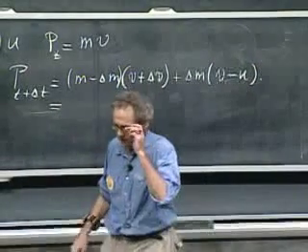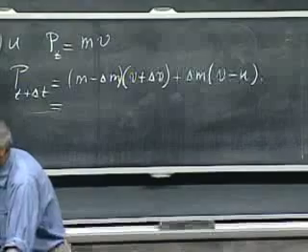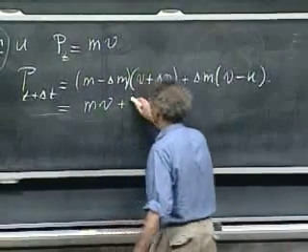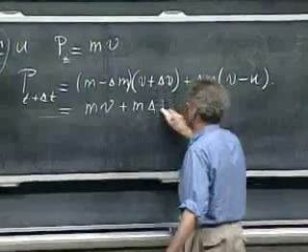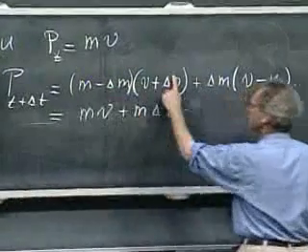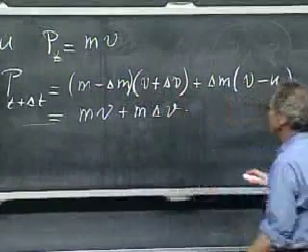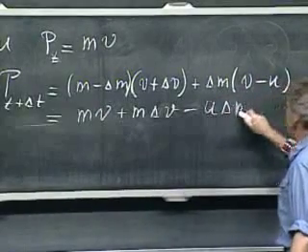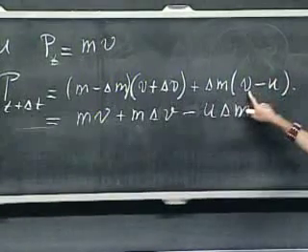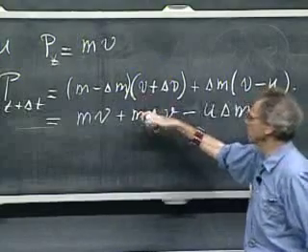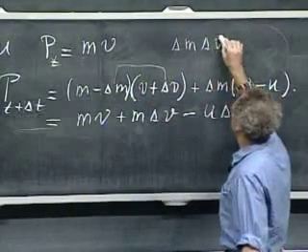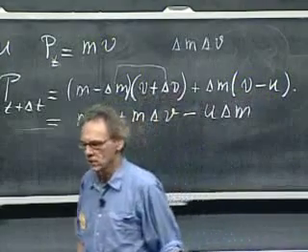And how large is this? Well, there is mv plus m delta v. Here you see the m delta v. Here you see the mv. And then you get minus u delta m. And the delta m v here cancels minus delta m v here. And this term, delta m delta v, is the product of two incredibly small numbers. I ignore that.